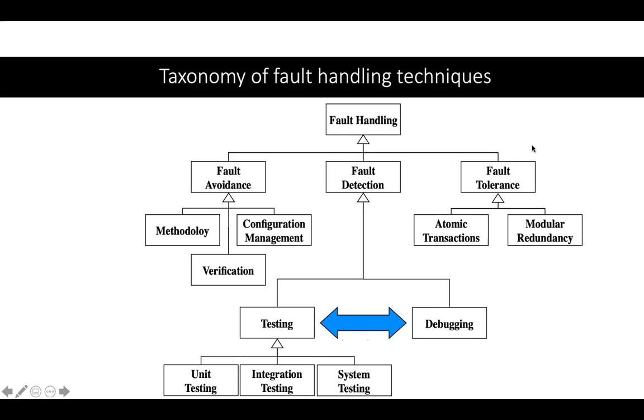For example, if you're using the internet, trust me, you are vulnerable to viruses and of course hacks, every time you're on the internet or generally on a network. So you can decide to tolerate such faults, and in this case we can have atomic transactions, modular redundancies, and so on.